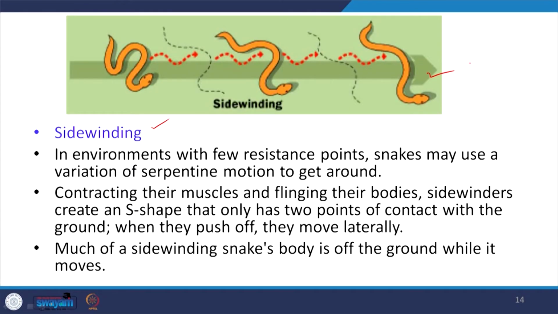When they push off, they move laterally. As you can see over here, much of the side winding snake's body is off the ground while it is moving.